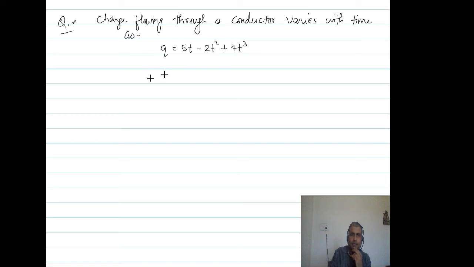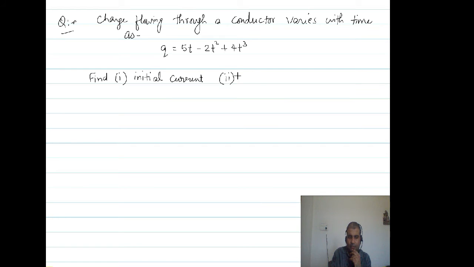Now what we are supposed to do, we are supposed to find the initial current. Initial means at t equals 0. Just find the initial current.